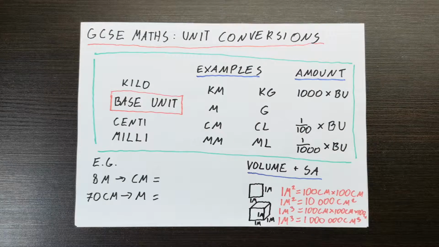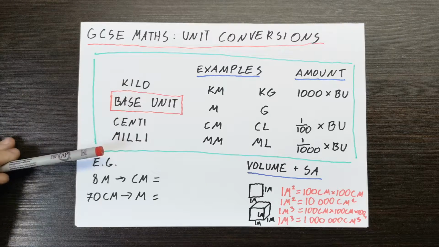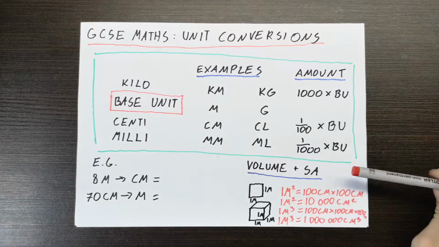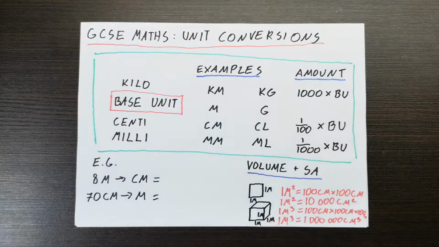That's how we can easily convert between these units without having to remember everything from the ground up, that 1 meter is equal to this many kilometers, 1 meter is equal to this many centimeters, 1 meter is equal to this many millimeters, and so on. You don't have to necessarily remember all of that as long as you understand this system and these amounts that the system represents. And then you'll be able to work it out yourself on the spot.